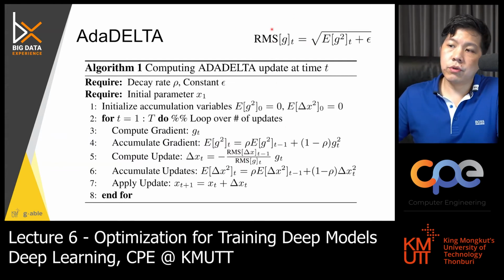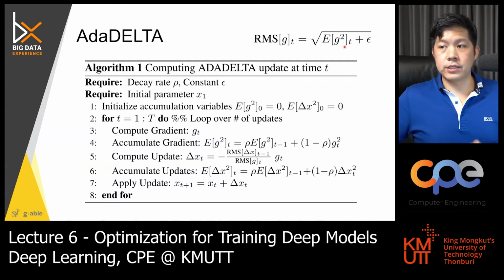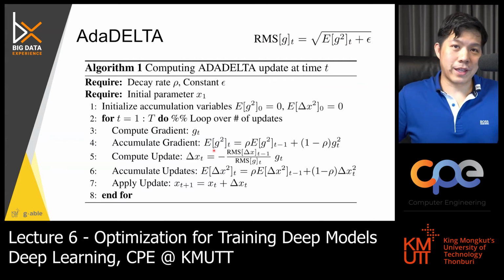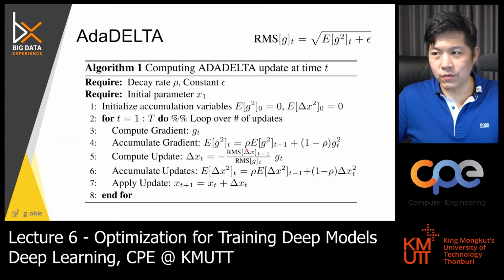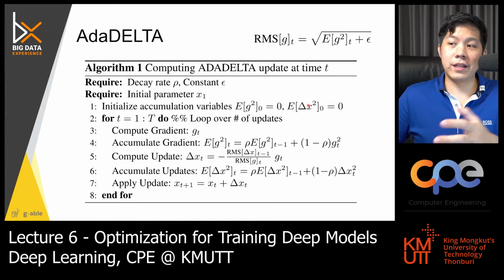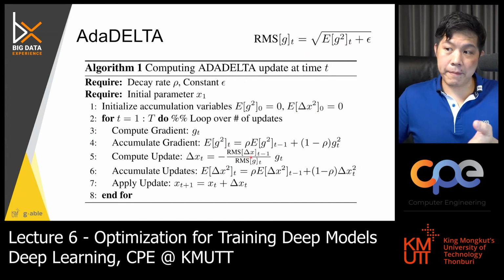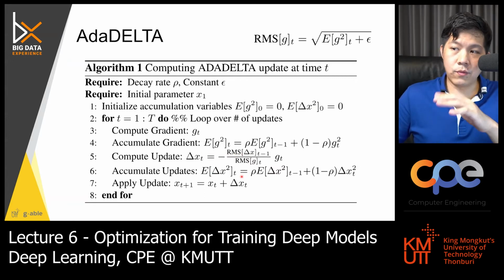This is the root mean square of g_t. This E[g²] is already a squared value, and it's already a mean because it is the expected value, so that's why it is the root mean square of the gradient, this value down here. And the RMS of delta x as well, since we have to calculate it at the next step. At the beginning it's 0, but we need to calculate it at the next step, and we need to take a look at that first. But in any case, just divide them.